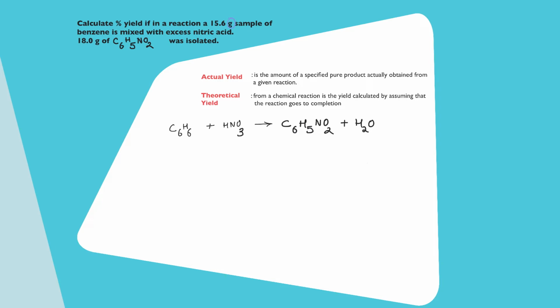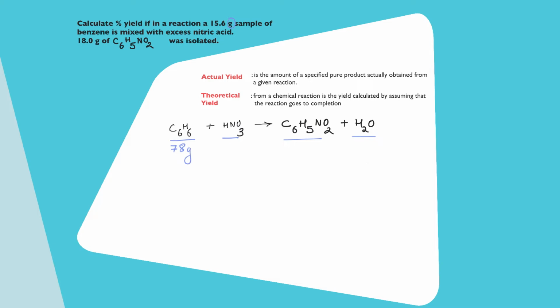So 12 times 6, C6H6, right? This reaction is already balanced, so we do not need to balance it any further. So 12 times 6, that's 72, plus 6, you get 78. So this is 78 grams of benzene.